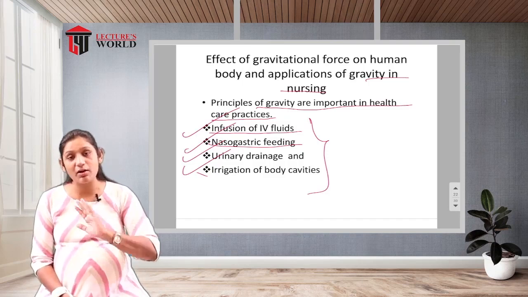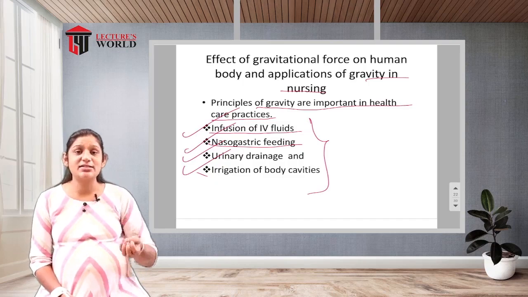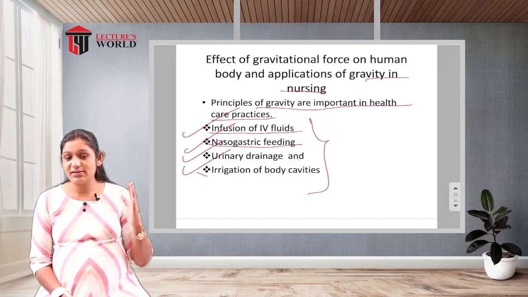In these conditions, the gravitational force is applied to the system.